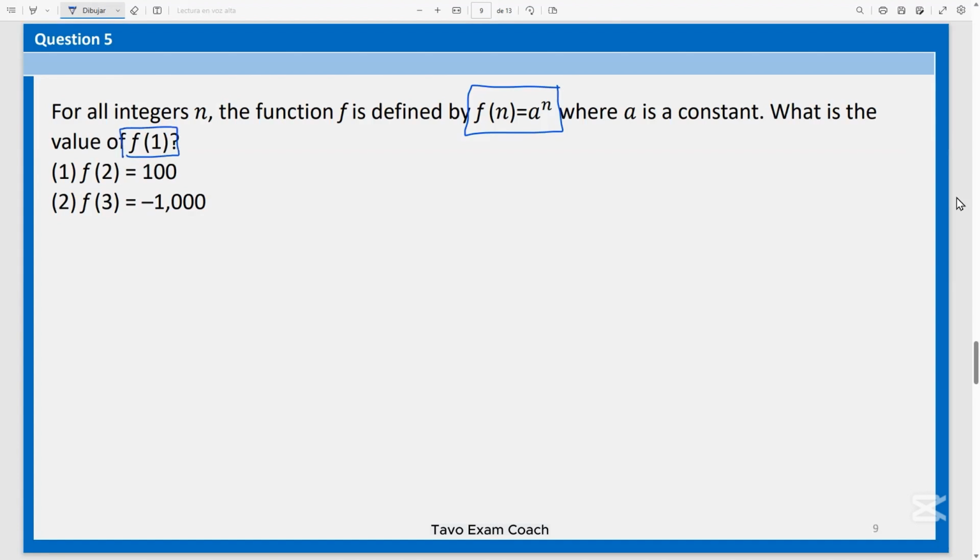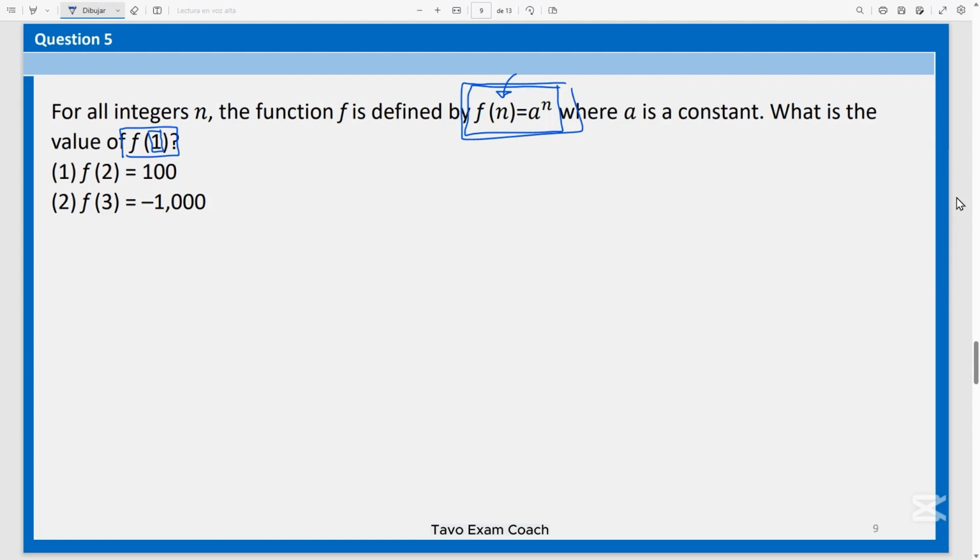So we said again that when we see the name of an algebraic rule or function accompanied by whatever expression between parentheses, that always means the output of that rule whenever we give as input to the rule the value or the expression that is between parentheses. We would substitute this 1 wherever the variable n appears in the definition of this function.